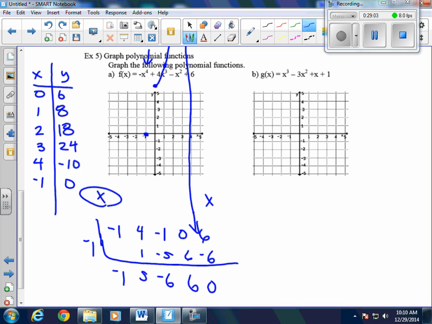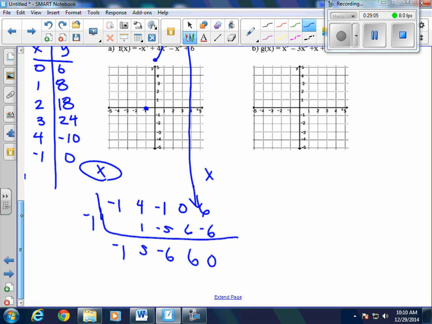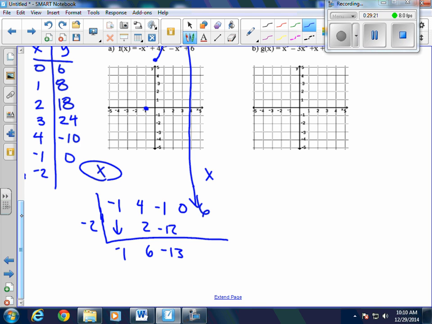Well, it's going down, but we're going to probably need one more point just to make sure. So let's try -2. So this is going to be -1, 2, 6, -12. That's -13. This is -20 or +26. 26 times -2 is -52, and I can see that that's going to be a negative number.